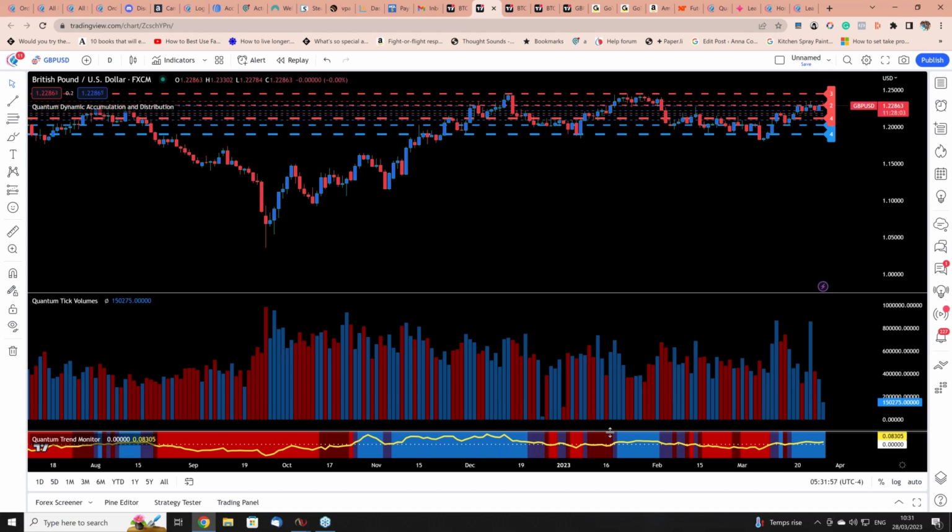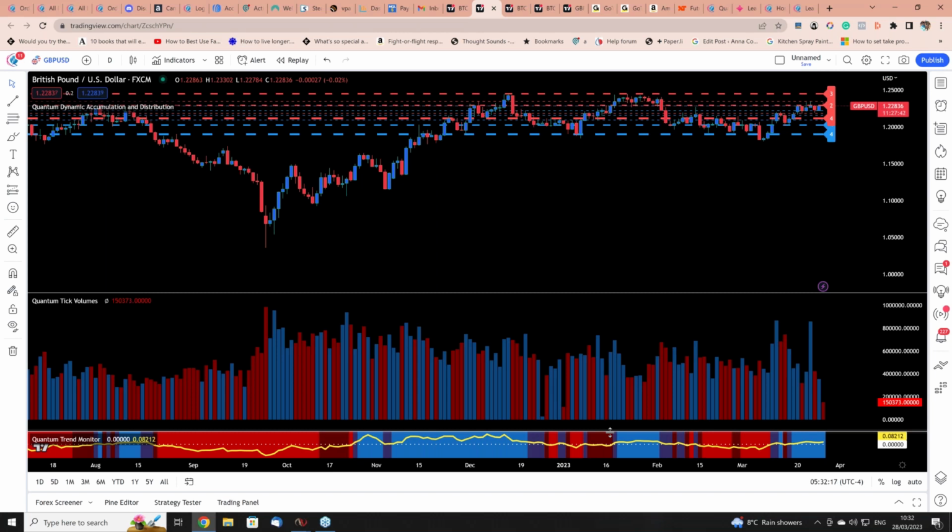The trend monitor looks at price action over a relatively considered view. It's very different from the trends indicator, which works very close to the price action. The trend monitor takes a more considered view. It looks at it over a slower time horizon, and therefore will change more slowly.